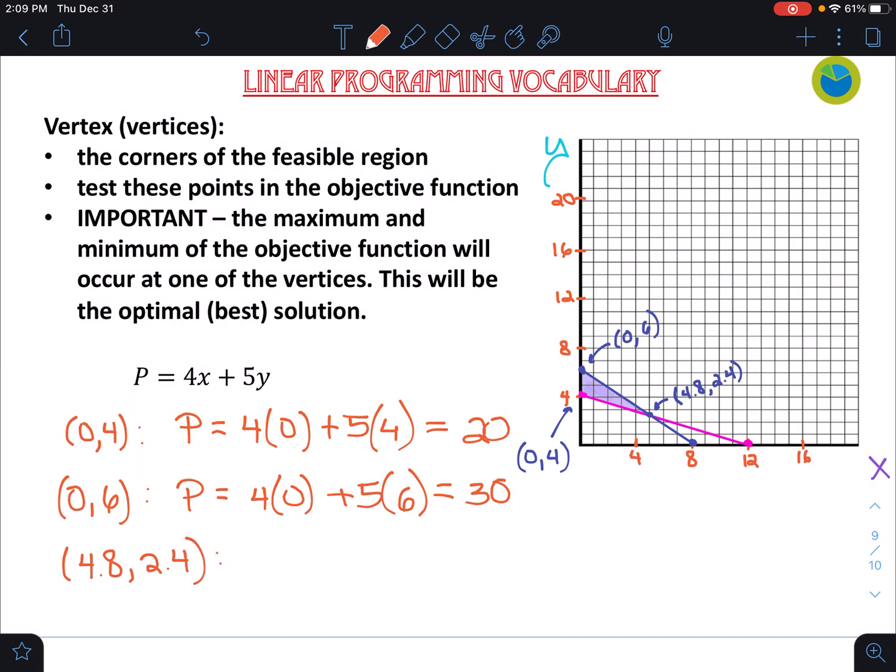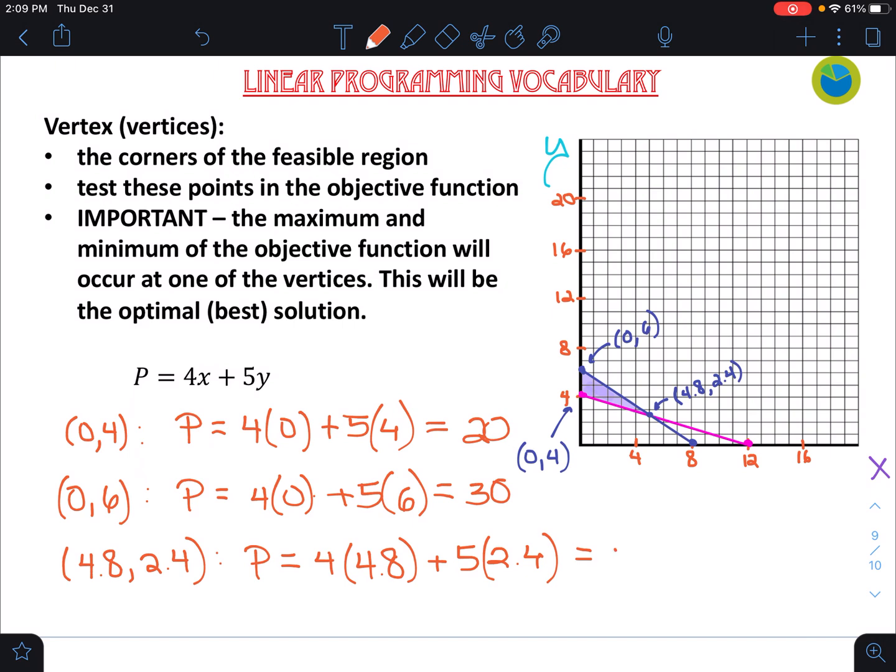And then lastly, the point 4.8, 2.4. Plug that in and figure out what I get. So I would do 4 times 4.8 plus 5 times 2.4.